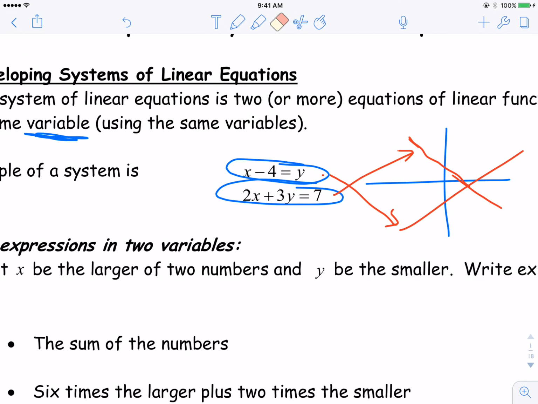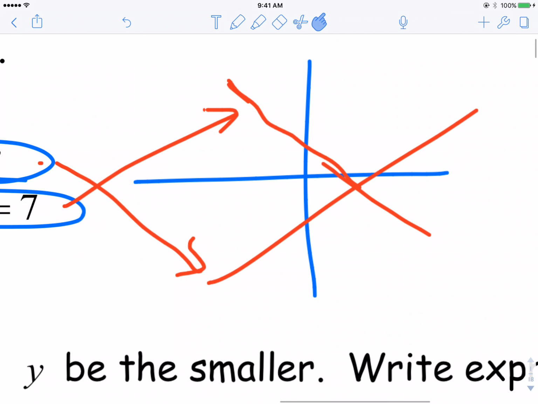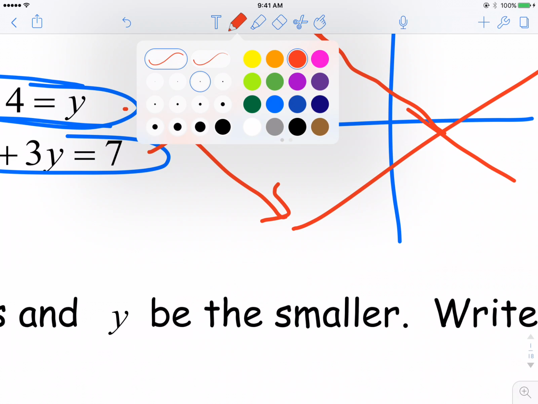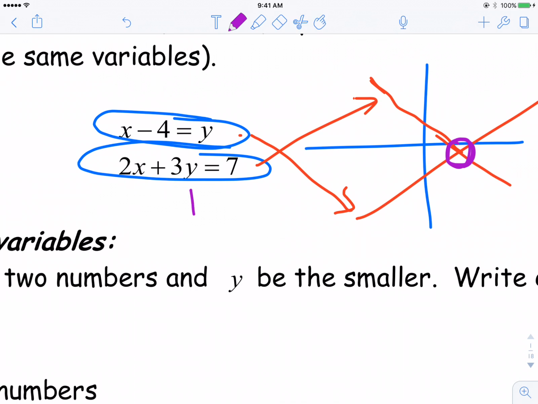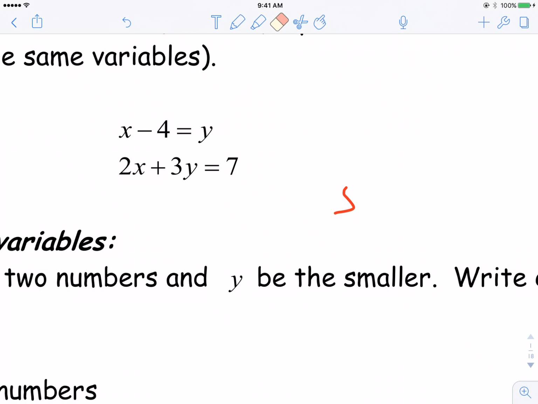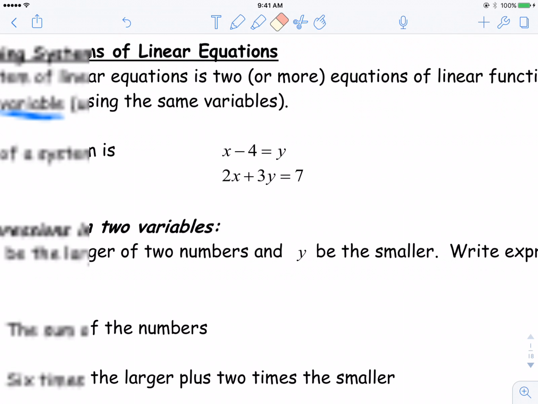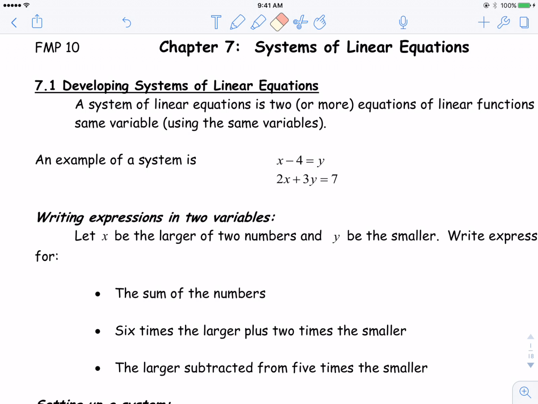Where we find that these two graphs crisscross, that's what we call the solution to the system, because that point where they cross would satisfy both this equation and this equation. But in 7.1, we're just looking at what the equations are, how to develop them from word problems.